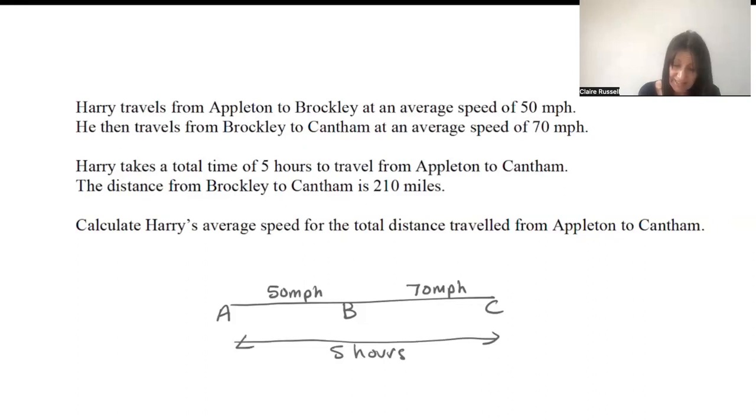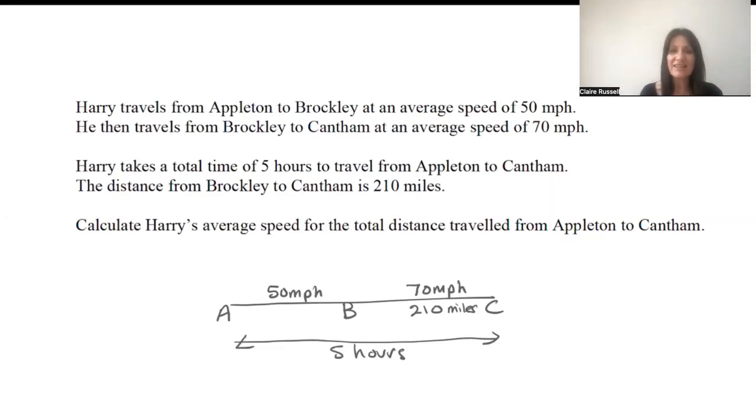And the distance from B to C is 210. And I could put the miles on if I wanted to as well. So what I've done, I don't actually know what the question is yet, but I've put all the information that they've given me straight into a diagram so that it's starting to talk to me better.